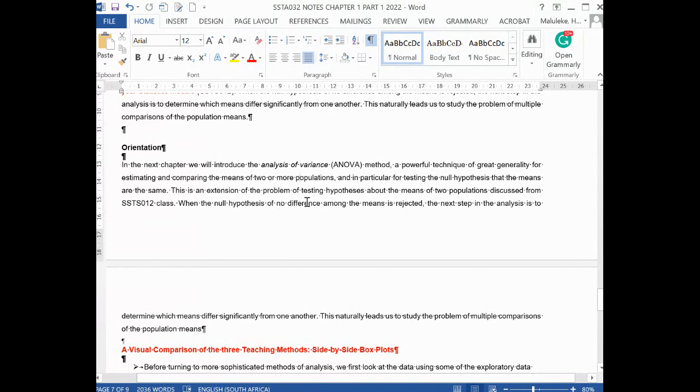When the null hypothesis of no difference among the means is rejected, the next step is to check which means are not the same. So if you conclude that the three methods of teaching are not the same, we want to know now which ones are different.